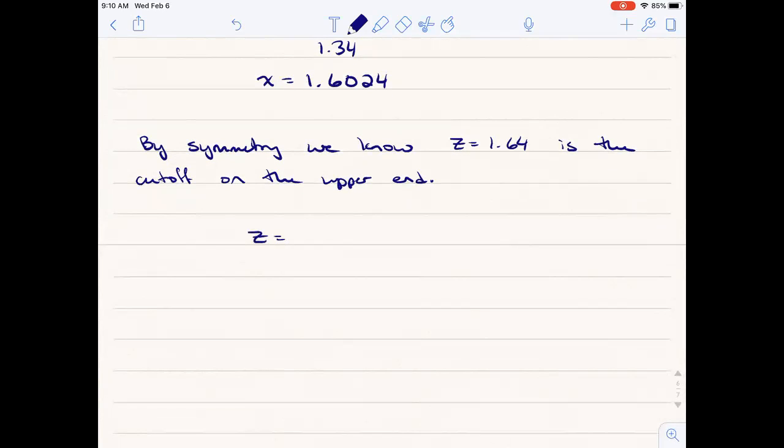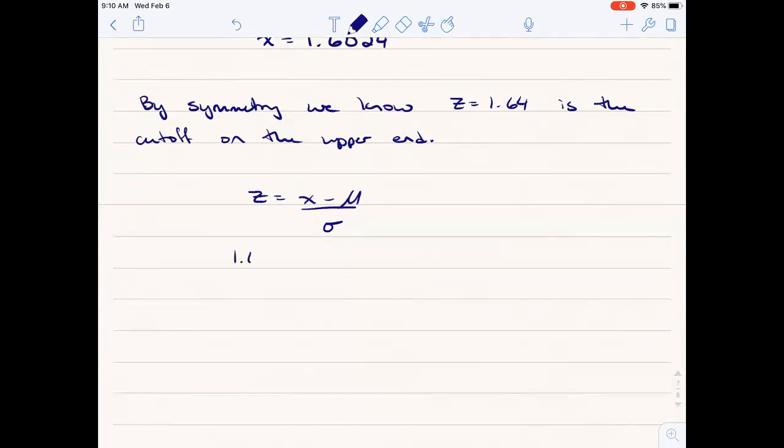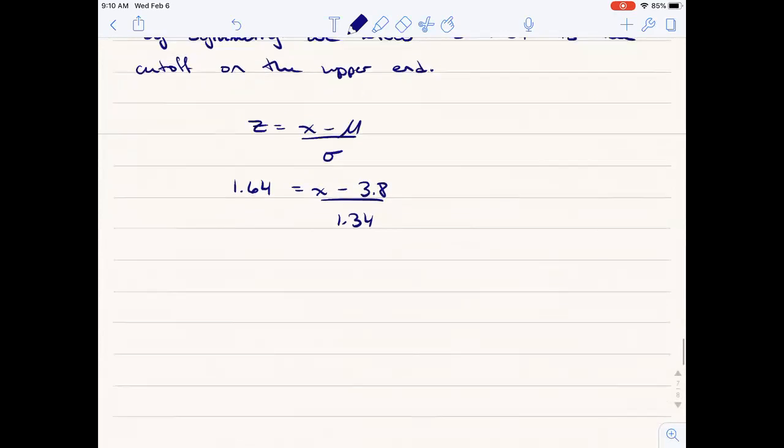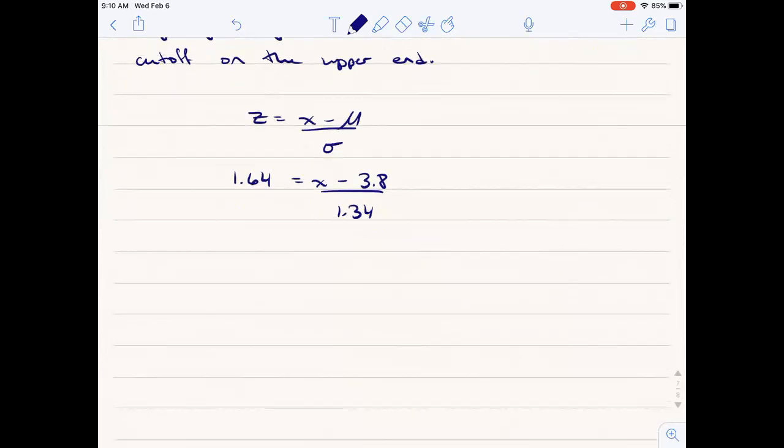So again, z is x minus mu over sigma. And so now we have 1.64 positive is x minus 3.8 over 1.34. 1.64 times 1.34 plus 3.8. I get an x of 5.9976.